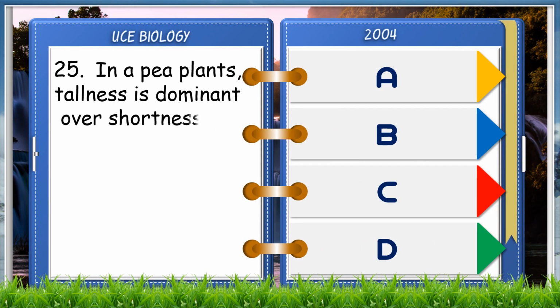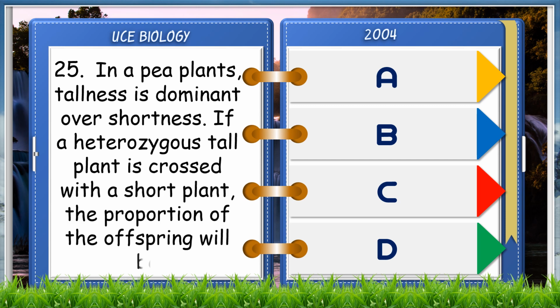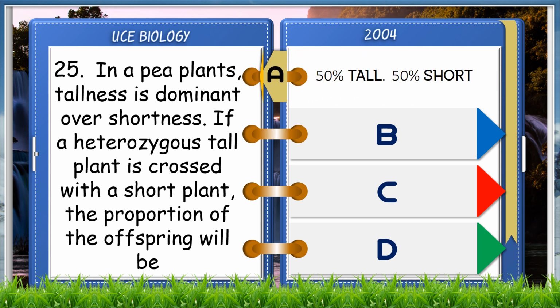In a pea plant, tallness is dominant over shortness. If a heterozygous tall plant is crossed with a short plant, the proportion of the offspring will be A. 50% tall, 50% short.